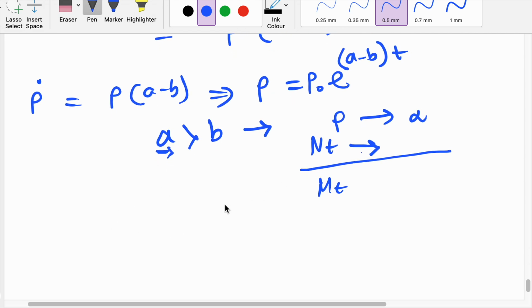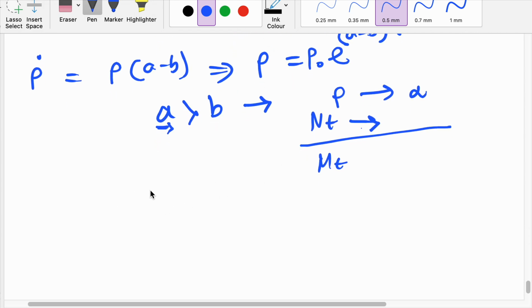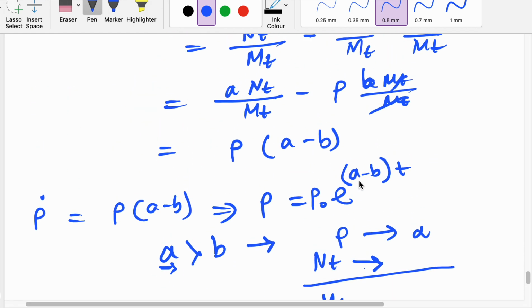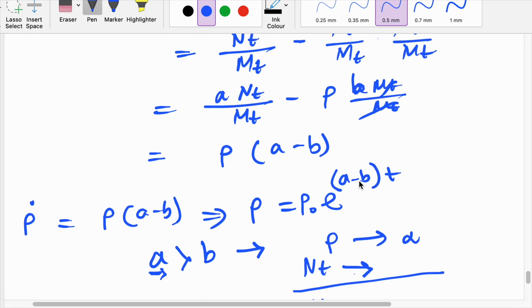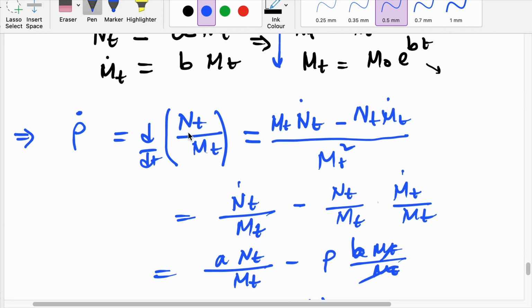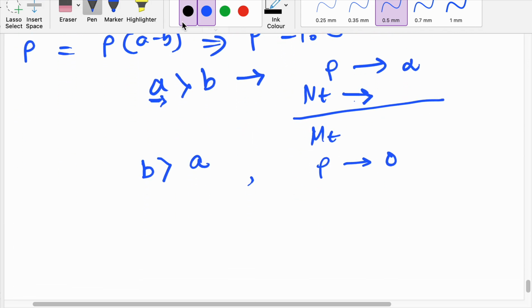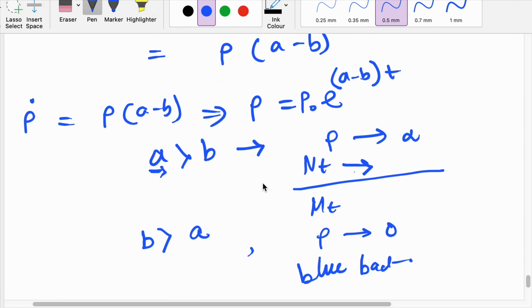Or the other way, if b is greater than a, then rho tends to 0. So if you go to the population, you will see lots more blue bacteria than red bacteria.